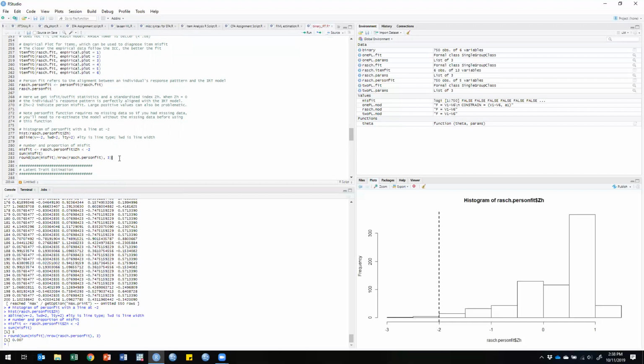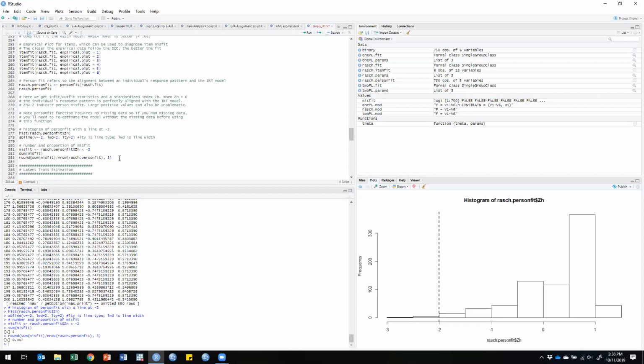In Rasch modeling, the approach we take is that if our data don't fit our model, we want to know what went wrong in our measurement. Is there something wrong with an item that maybe we should remove from the model and re-estimate, so that we might get better fit?